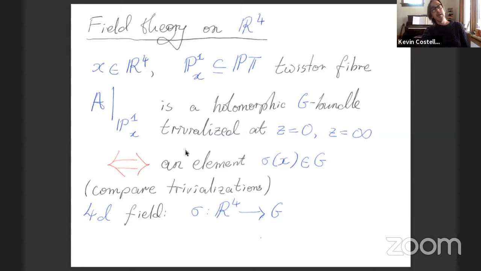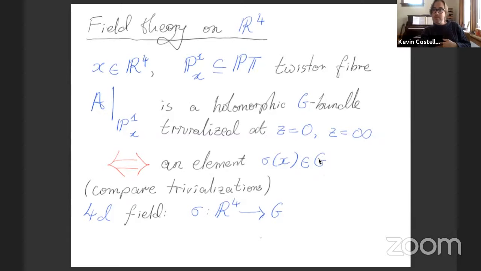Now, under some mild genericity assumptions, every holomorphic bundle on CP1 is trivial. So by comparing the two trivializations at 0 and infinity, it's kind of like a parallel transport, but a holomorphic version of a parallel transport. We find that the data of my 6-dimensional field is exactly an element of the group.